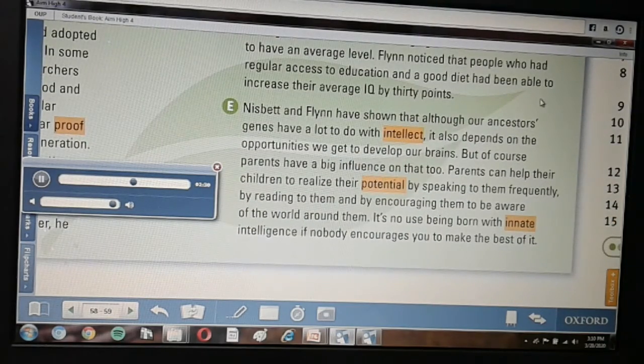Nisbet and Flynn have shown that although our ancestors' genes have a lot to do with intellect, it also depends on the opportunities we get to develop our brains. But of course, parents have a big influence on that too. Parents can help their children to realize their potential by speaking to them frequently, by reading to them, and by encouraging them to be aware of the world around them. It's no use being born with innate intelligence if nobody encourages you to make the best of it.